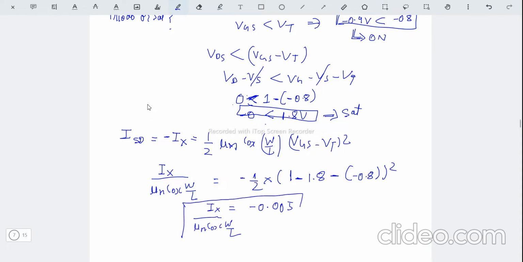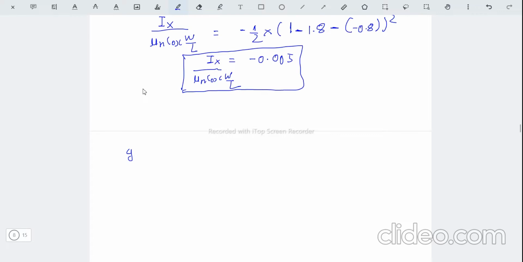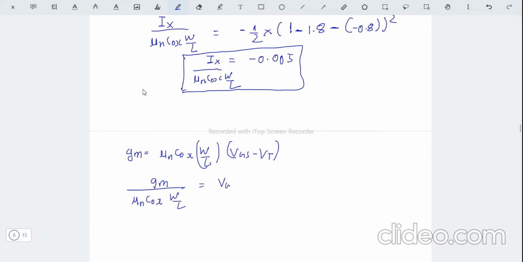Similarly, transconductance Gm in saturation is given by mu n Cox W by L times (VGS minus VT). We shall normalize this transconductance by mu n Cox W by L, so it is VGS minus VT.